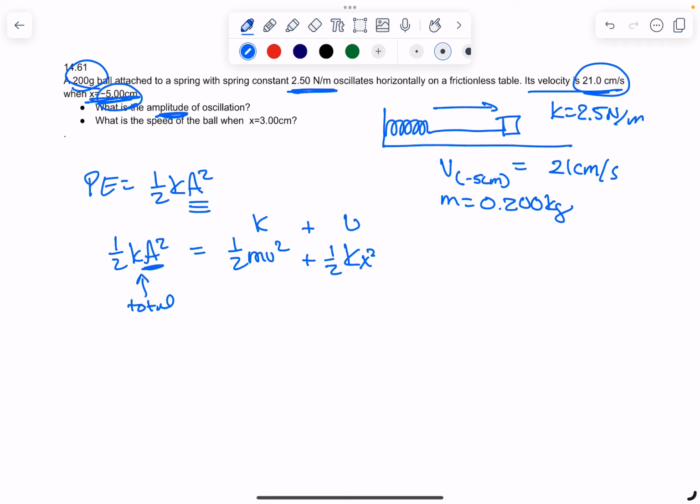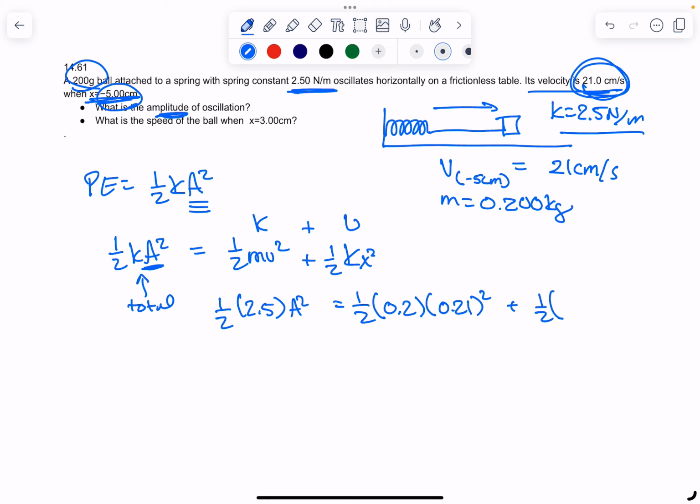So I can essentially say 1/2 times k, which I know is 2.5, times a squared equals 1/2 times the mass, which was 0.2, times the velocity, 0.21, squared, plus 1/2 times k, 2.5, times x, which is 0.05 meters squared.